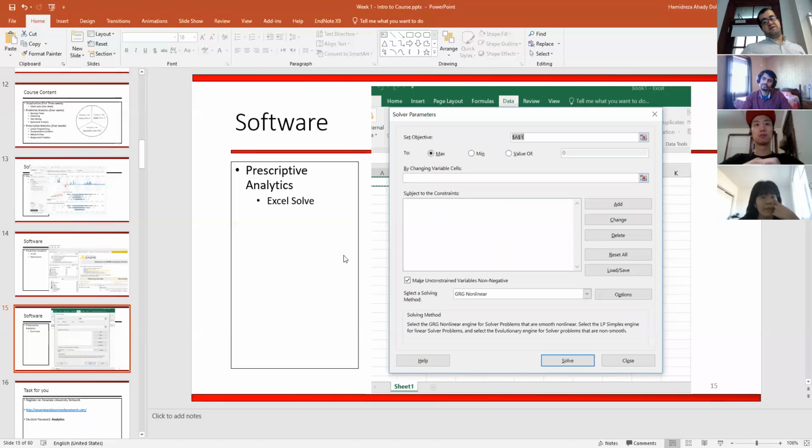And Excel Solver for the prescriptive analytics, and I also use Lingo. Prescriptive analysis, let me just give you an example. Let's say you are working in the supply chain and you want to reduce the transportation cost. How do you do that?